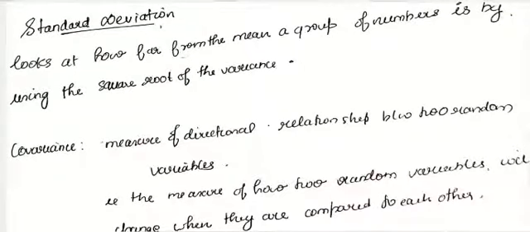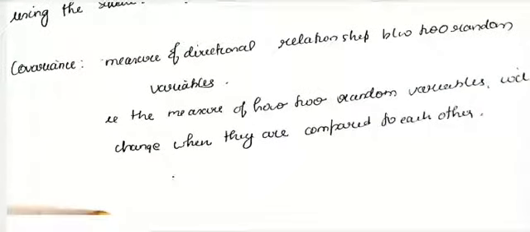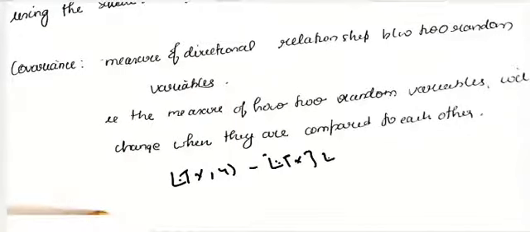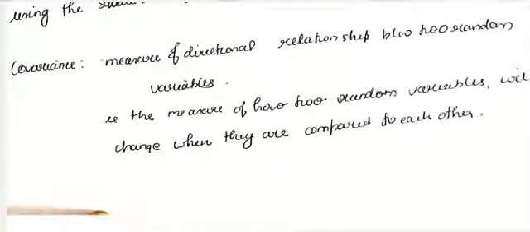Now, what is covariance? The formula for covariance is E of x comma y minus E of x into E of y. We have noted it, E of x into E of y. If the variables are uncorrelated, then covariance will be equal to 0. The definition of covariance: a measure of the directional relationship between two random variables.